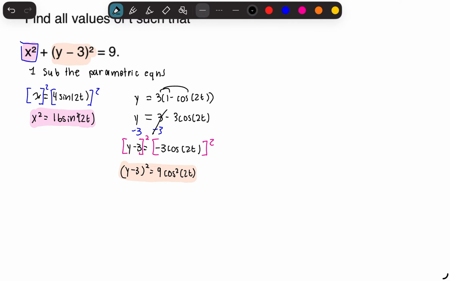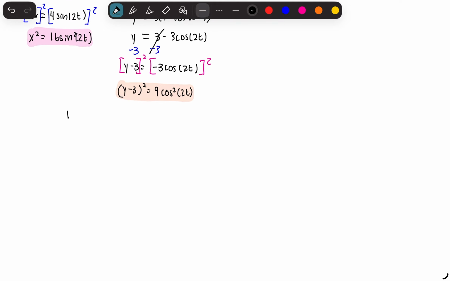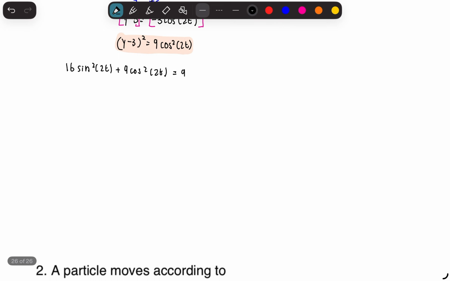So if we substitute this into the equation, we have 16 sine squared 2t plus 9 cosine squared 2t is equal to 9. After this, we'll use the Pythagorean identity. So we know that cosine squared 2t is equal to 1 minus sine squared 2t.